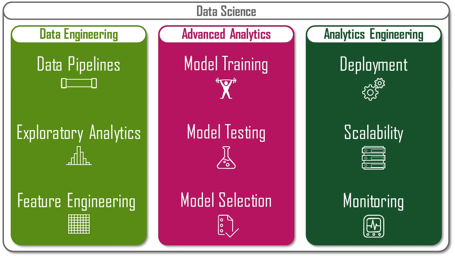Data pipelines ingest data of any structure into our platforms in batches and in streams. Exploratory analytics helps us as we transform data into features, and feature engineering usually consumes the majority of a project's time, so we'll dive in there.